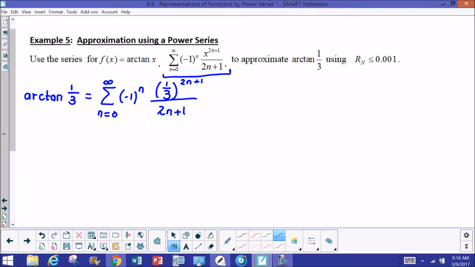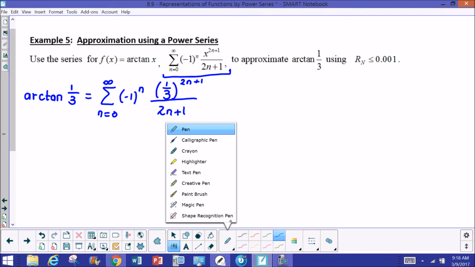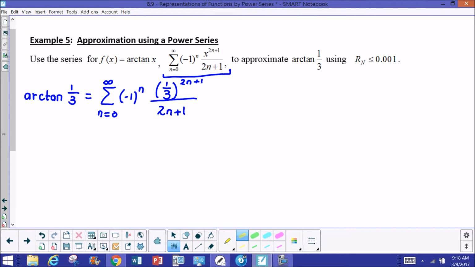Now, what's very important to note in this particular problem, more than anything, is that this term here resides within our summand. That alerts us to the fact that this is an alternating series.